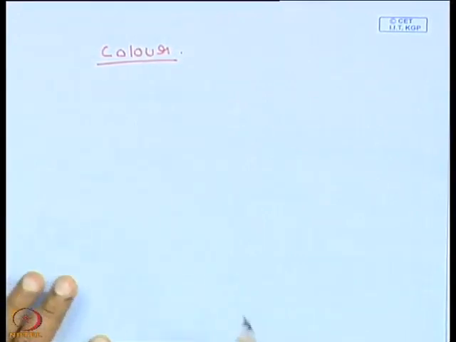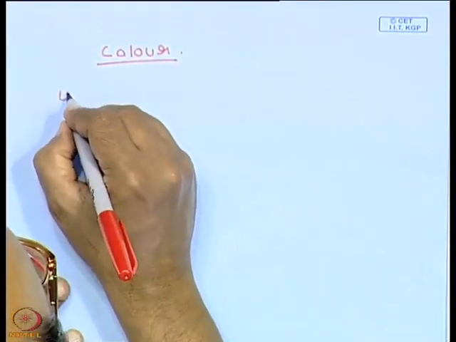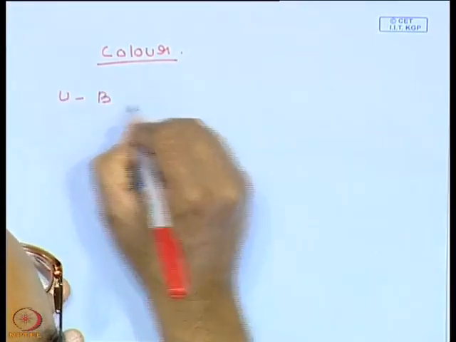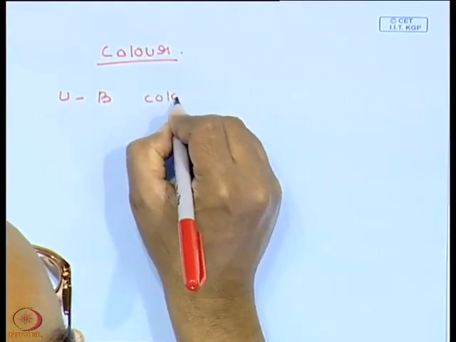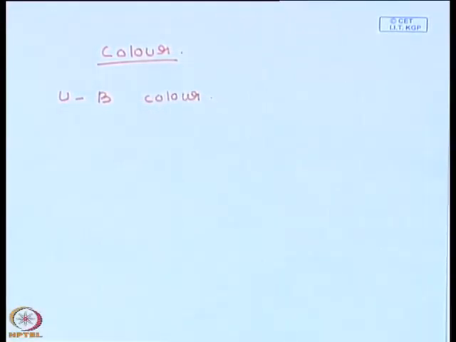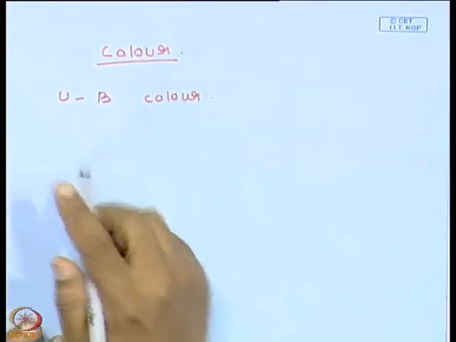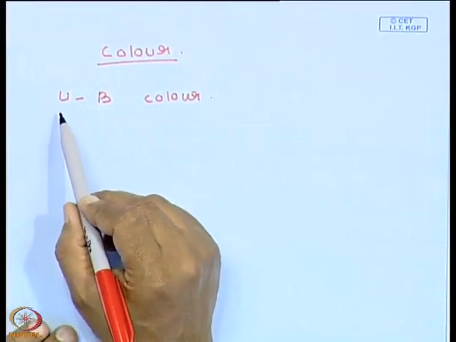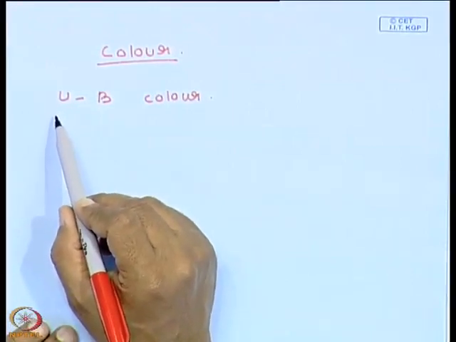So you could have a U minus B color. So what is the U minus B color? It is the difference in the apparent magnitude in the U band and the B band.